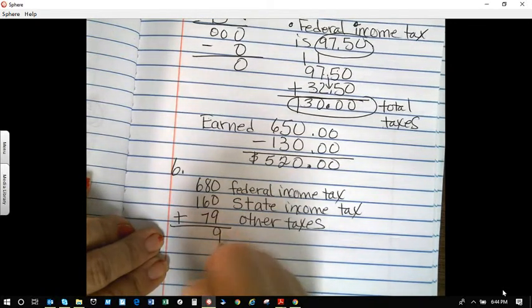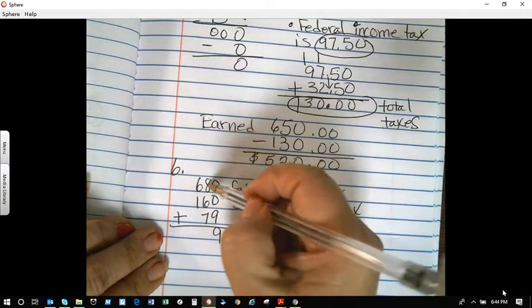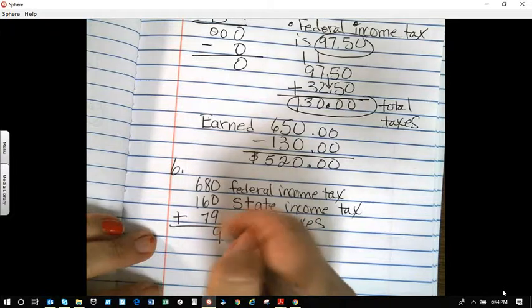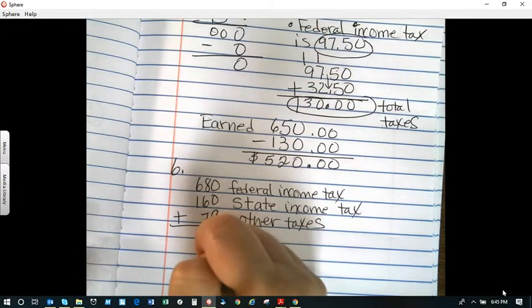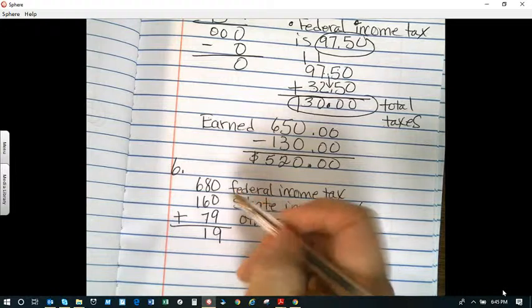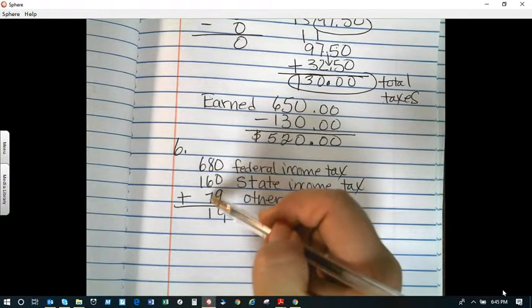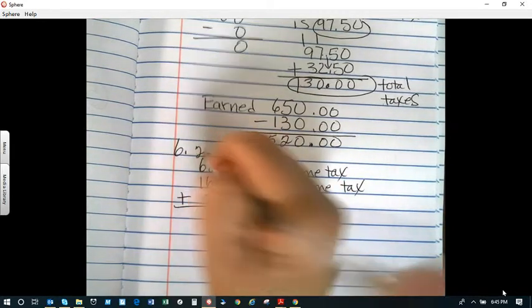So that's 9. 8 plus 7 is 15, 21. Six, 7, 8, 9.